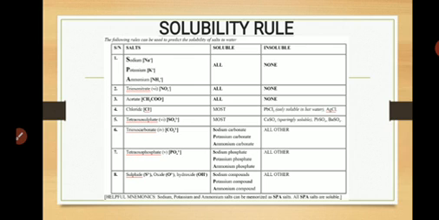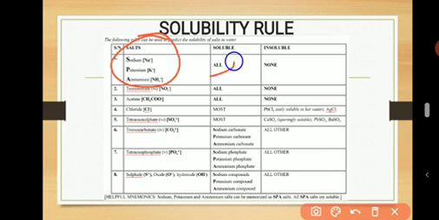For number one, all sodium, potassium, and ammonium salts are soluble in water. We call them sparse salts. All of them are soluble in water. No exception.